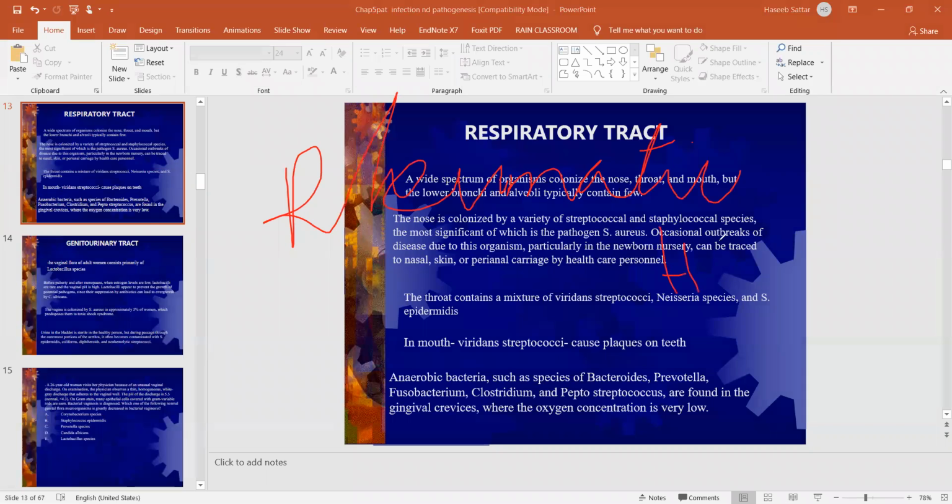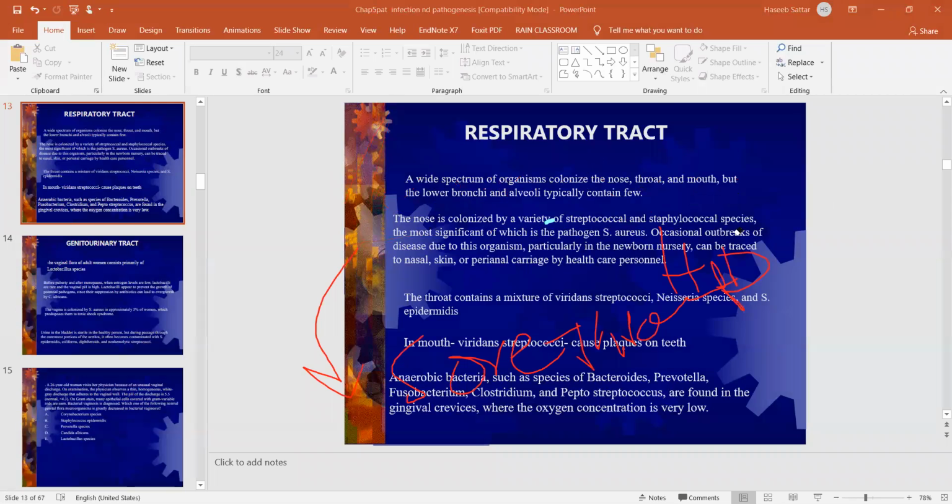Rheumatic heart disease is common, and when you receive a patient presenting with signs and symptoms of heart failure and valvular disease, you need to ask about the history of sore throat. If a patient has a history of sore throat, it means that it might be rheumatic fever.